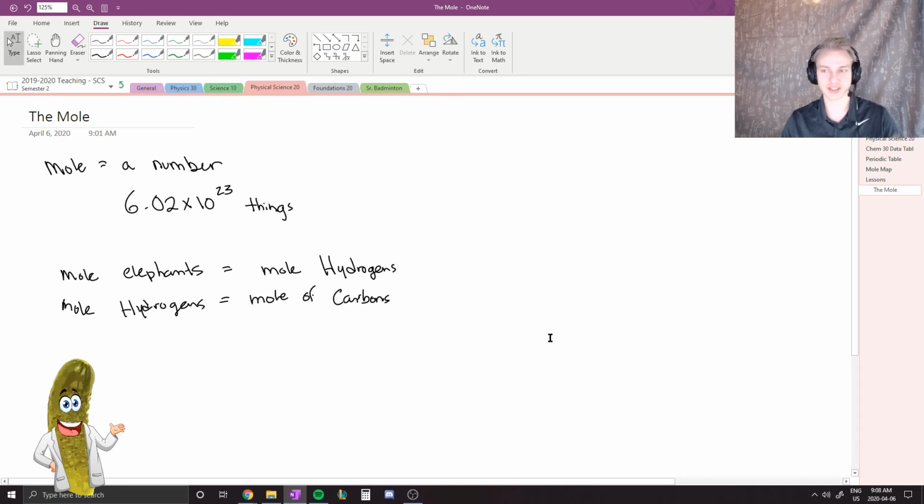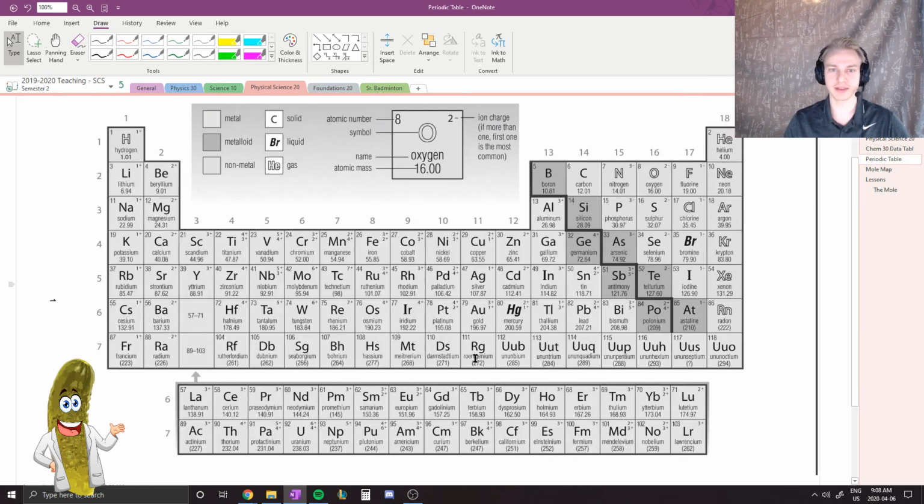Now, fortunately for us, scientists have gone through and looked at all of the values of the periodic table. If we look at carbon here, this value I've circled in red, this 12.01, is what's known as the molar mass. The other term you might see is the atomic weight.